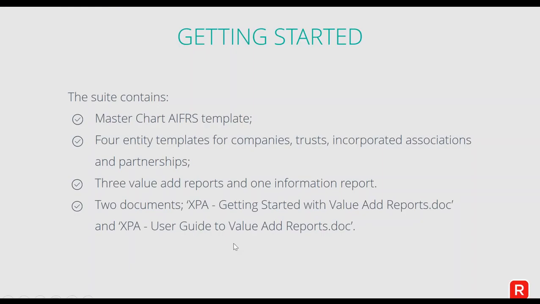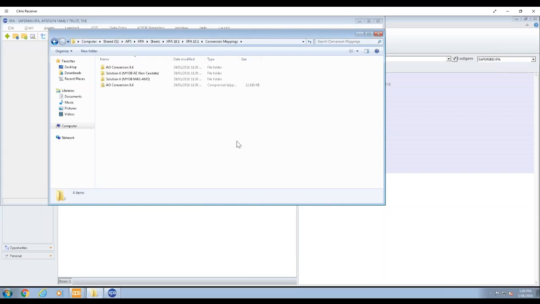I'm going to flick over now to our cloud environment, and we're going to show how we actually bring these reports into the system and how we use them. What we will assume from this point is that I have downloaded the contents of that email.